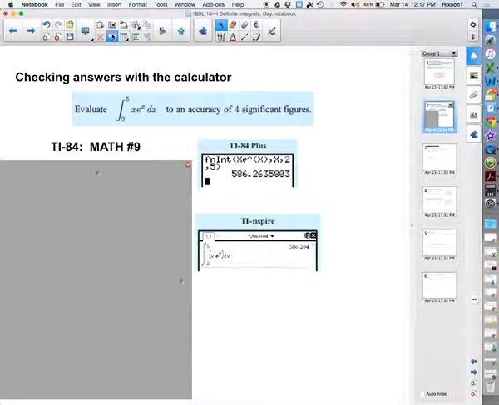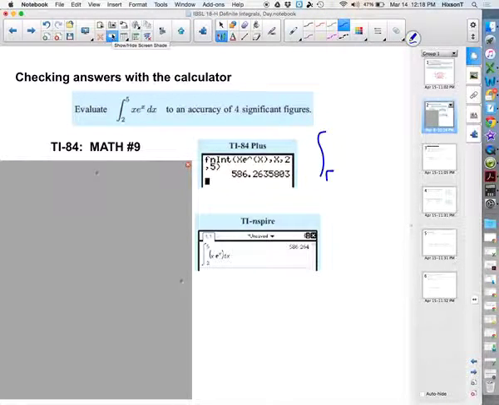Now, depending on what kind of firmware you have installed on your calculator, some of these are really nice in that they give you a template, with a box here, a box here, a box here, and then a d with a box after it. And all you have to do is fill in the blanks.